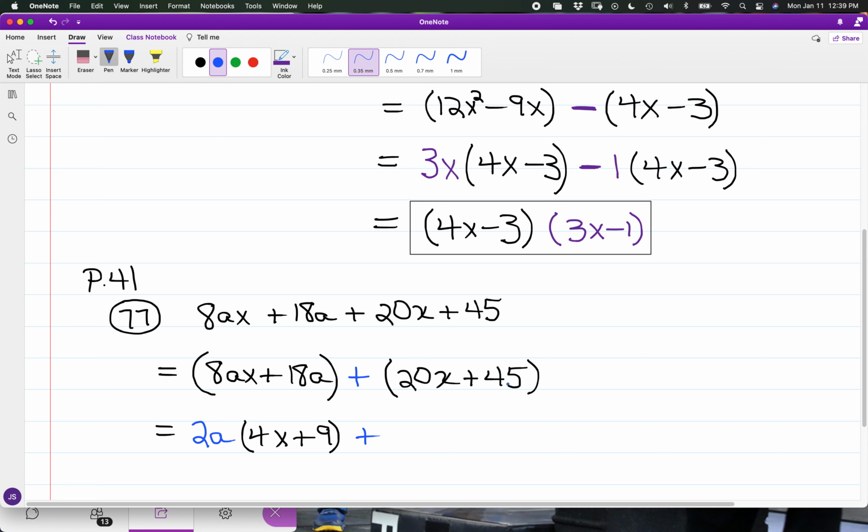And for 20x plus 45, the highest term that will go into both 20x and 45 is going to be the constant value 5. And 5 into 20x plus 45 is going to be 4x plus 9.